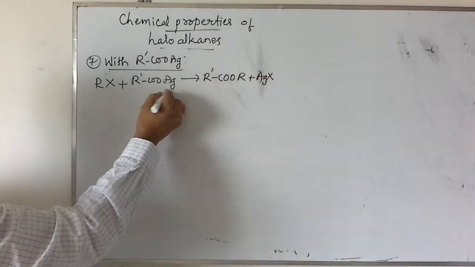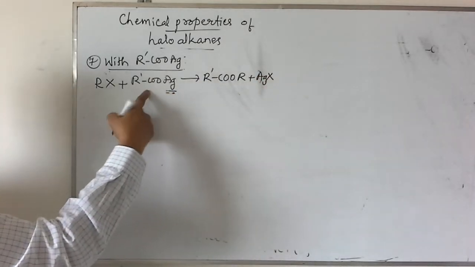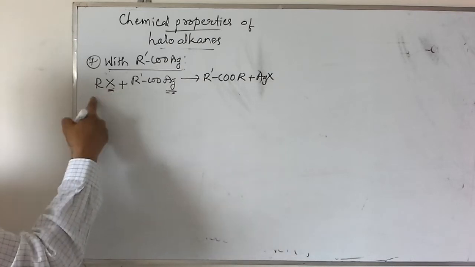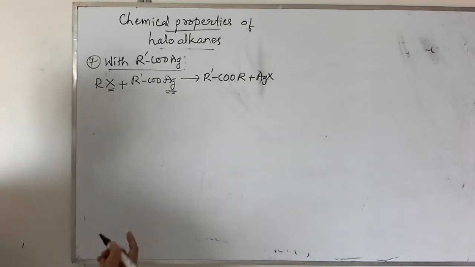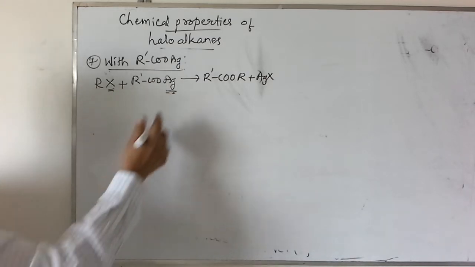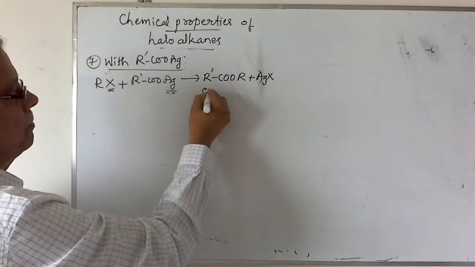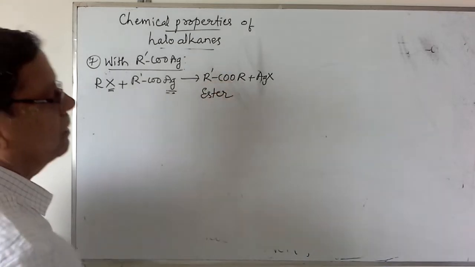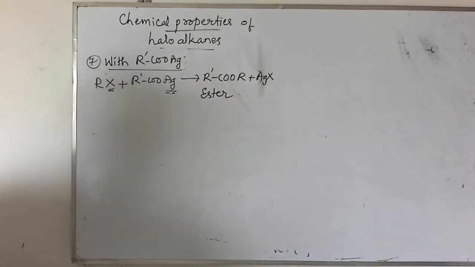So the Ag from the silver salt and the halogen from the alkyl halide are eliminated as AgX. So we get R dash COOR. That is, an ester is produced. Carboxylic acid esters, they are called.